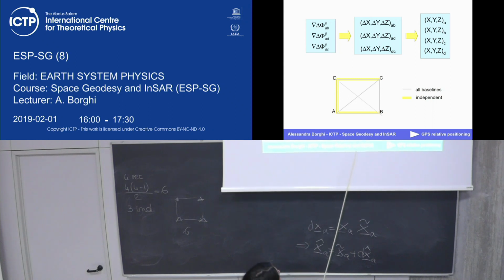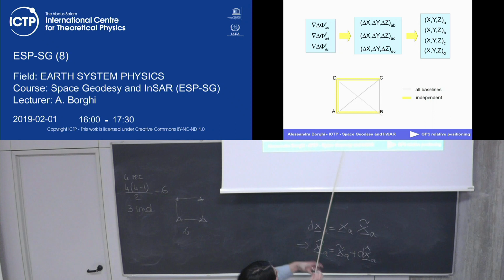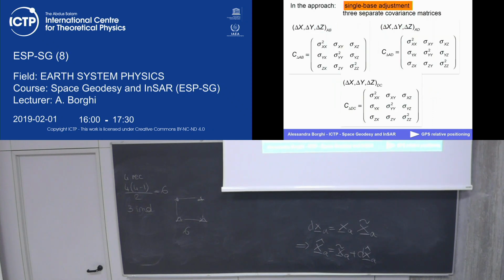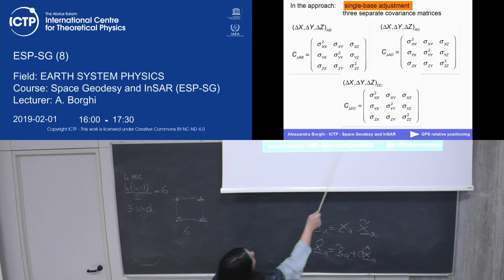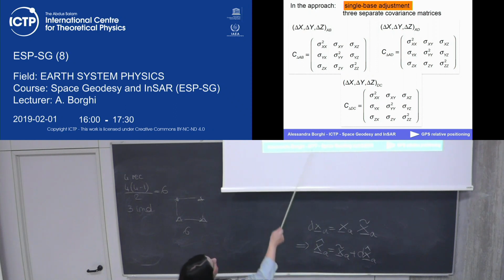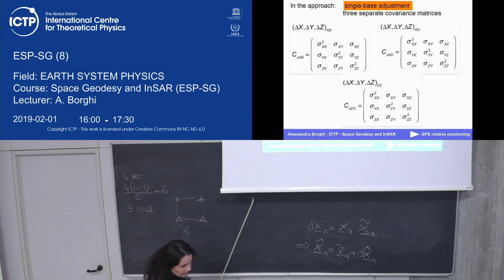In the multi-base adjustment, we use, for instance, these 3 baselines together, or we can also use the other 3, but not all together. Just 3 independent ones. So in the single base approach, we compute this baseline AB, AD, DC, and we have the covariance matrix of these baselines.